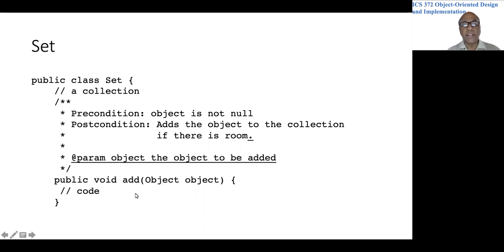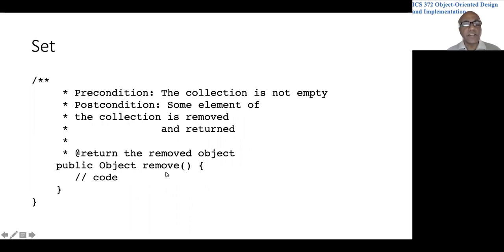Into a set, we add this object using this method add. Before this method is called, the client should ensure that the object is not null. And the client is guaranteed that if there is room in the set, this object will be added to the collection.